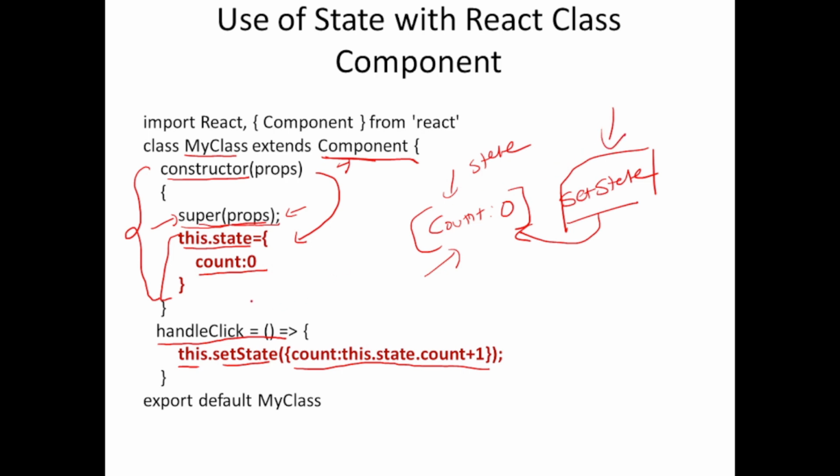Here setState is called within an event handler. Once somebody clicks, this method is called, and it in turn invokes the setState method, increments the count by 1 and assigns it to the count variable. So a state variable is something that is maintained within the class component, and it can be changed within the component.